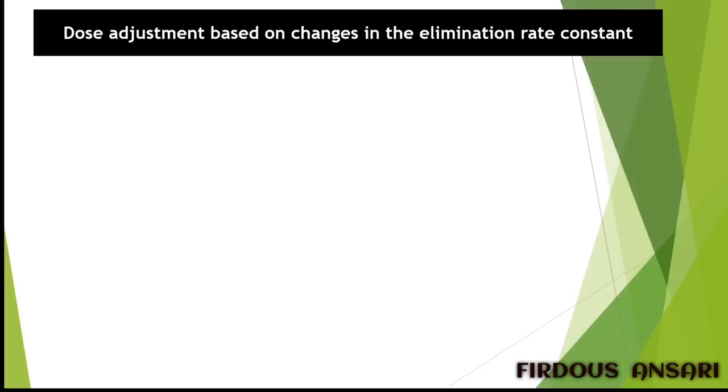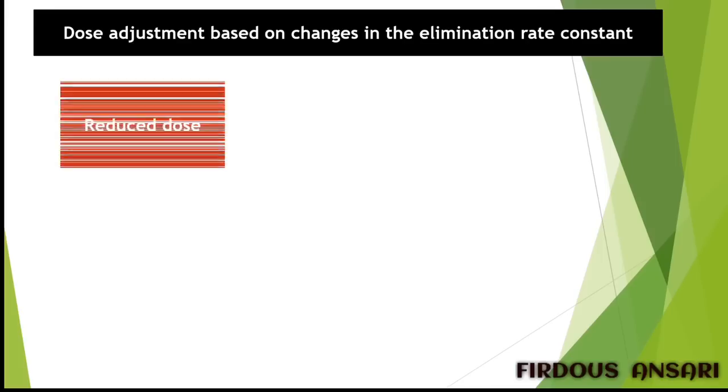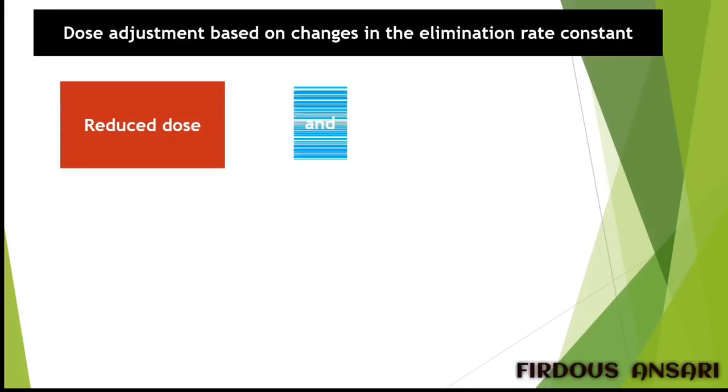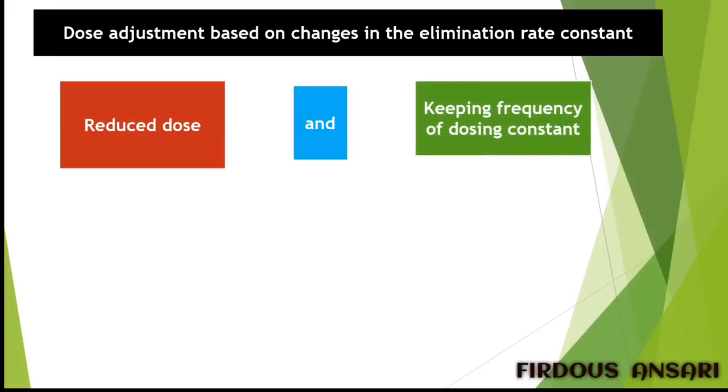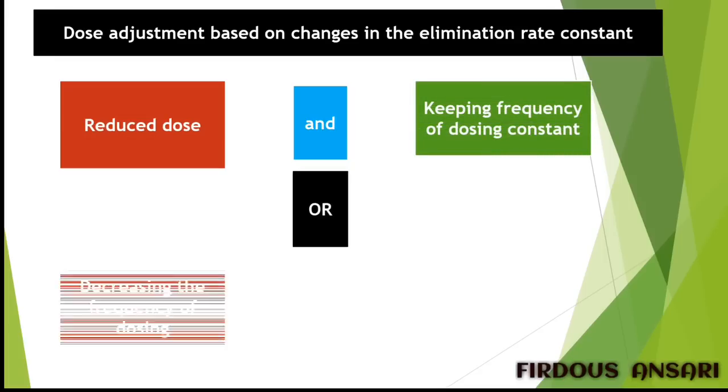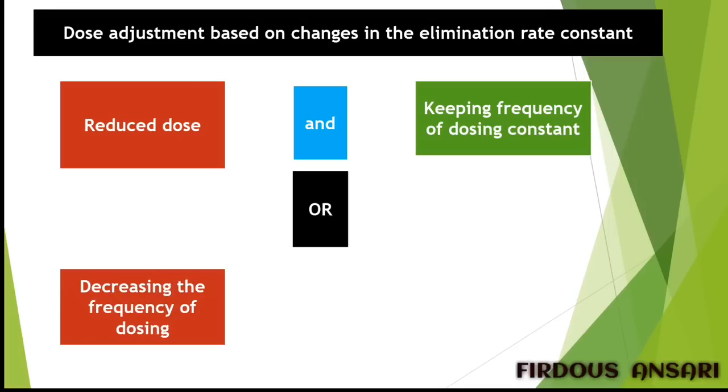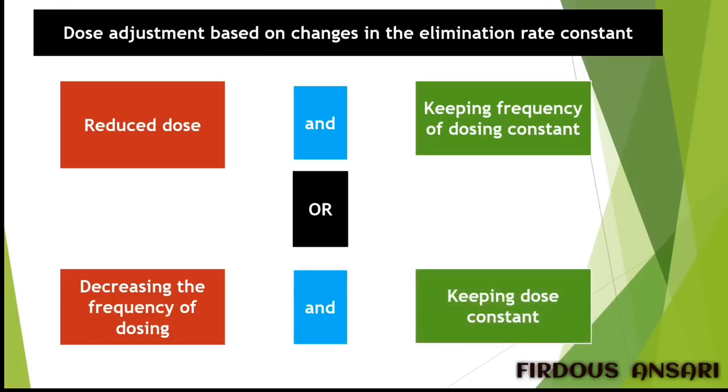Next we'll check out dose adjustment based on changes in elimination rate constant. The overall elimination rate constant for many drugs is reduced in uremic patients. A dosage regimen may be designed for uremic patients either by reducing the normal dose and keeping the frequency of dosing, that is the dosing interval, constant, or by decreasing the frequency of dosing, that is prolonging the dosing interval, and keeping the dose constant.